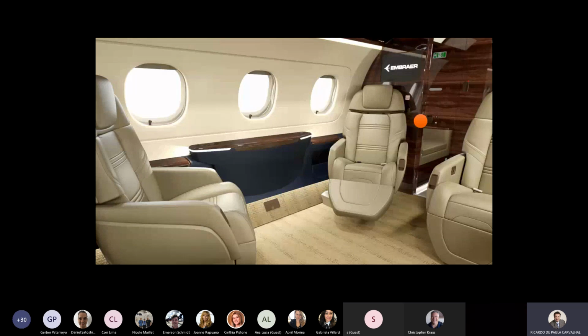So we at Embraer were the first to certify an emergency exit in the lavatory in this segment. And this is very important and brings great value to the customer. The airplane is just as safe as any other airplane, if not safer, but keeps this great cabin appearance and functionality.